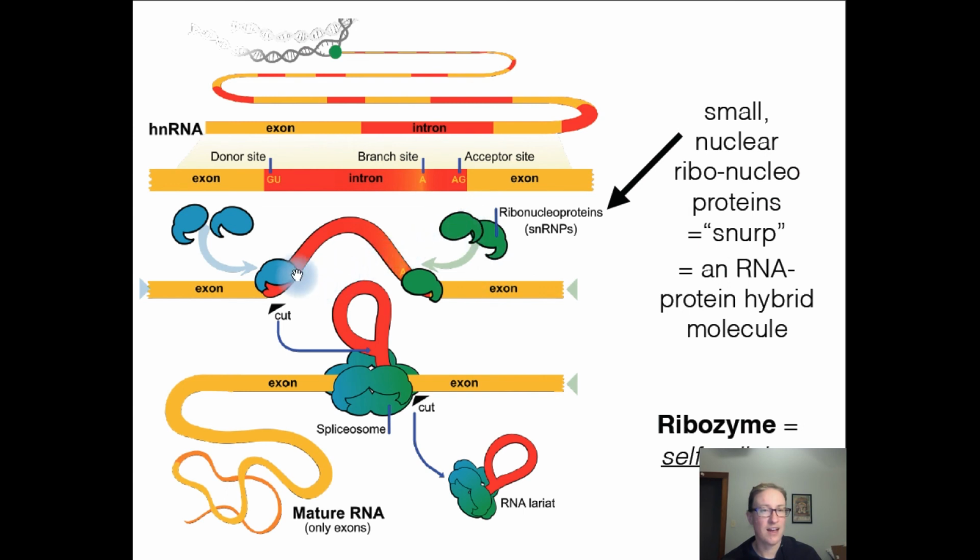These can identify sequences at the ends of introns and bind to those sequences. They bring those sequences together and form a little lasso shape, and then they join together the exons. These SNRPs are also referred to as ribozymes because they're a type of self-splicing RNA. So this whole unit is what actually accomplishes the splicing process.